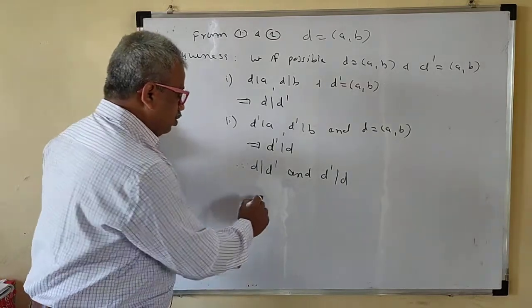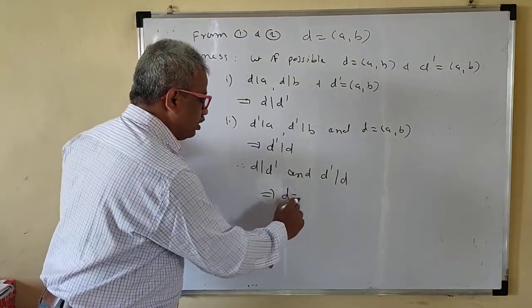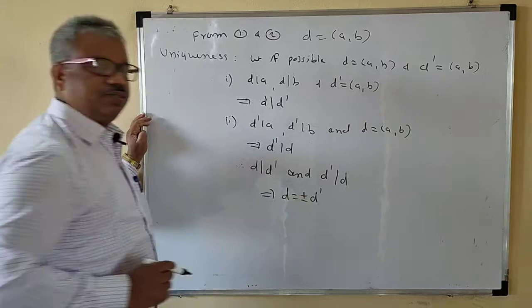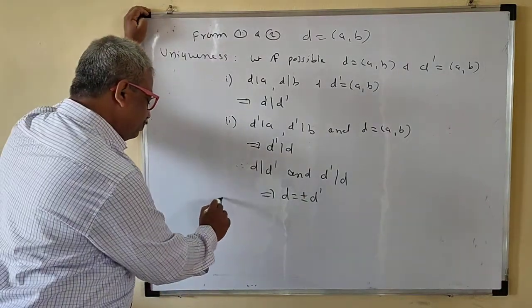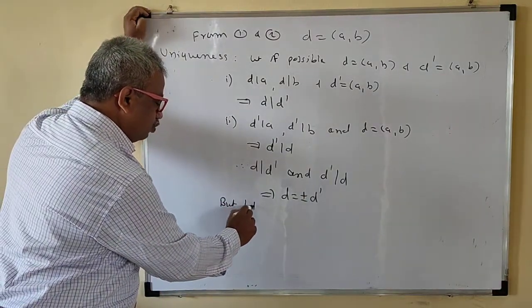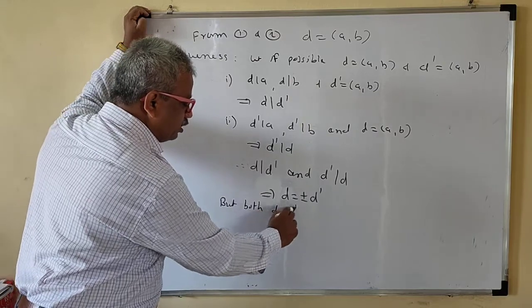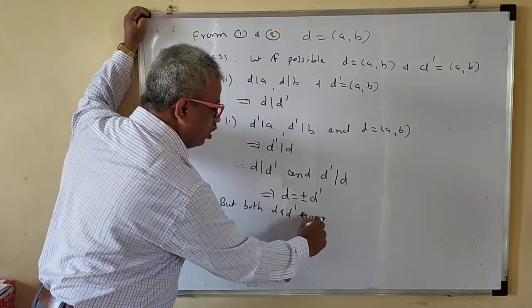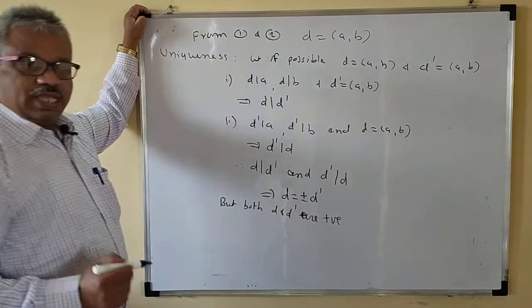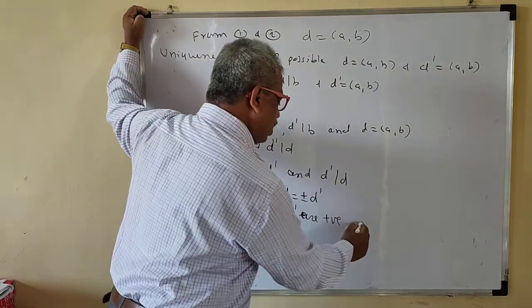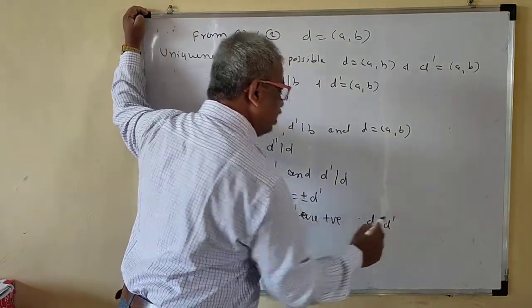So this implies that D is equal to plus or minus D dash. But both D and D dash are positive. So therefore D is equal to D dash.